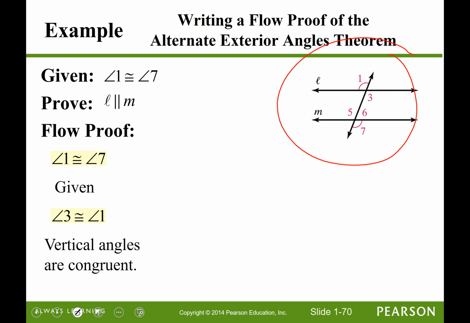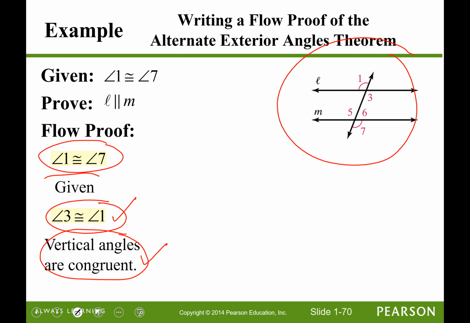And so here is a vertical angles are congruent statement. And to state that in a congruency statement, you have to write it like this, and then this would be the justification. So this is the statement, this is the justification. This one here is the statement, this one here is the justification.